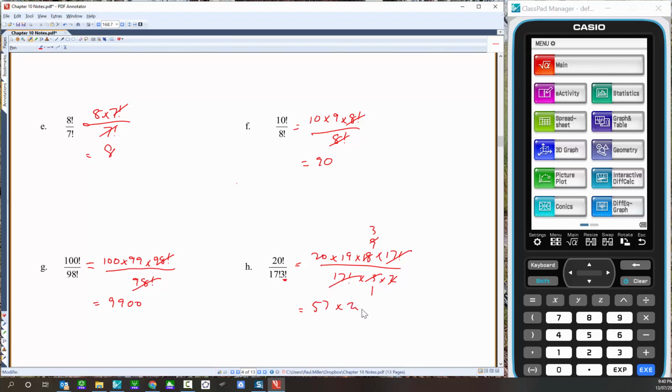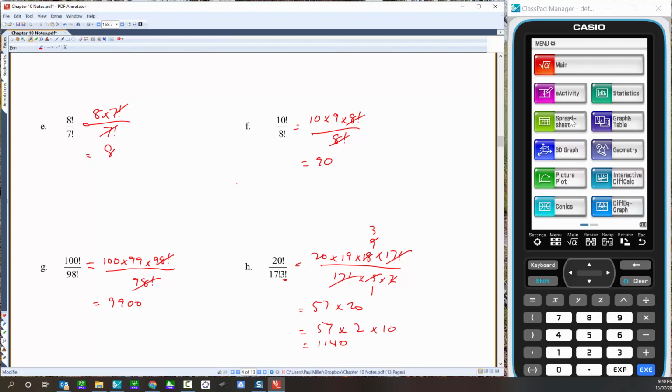So that's going to be 57 times 20, which is going to be 57 times 2 times 10, which is going to be 114, 1,140. Hopefully I got that one right.